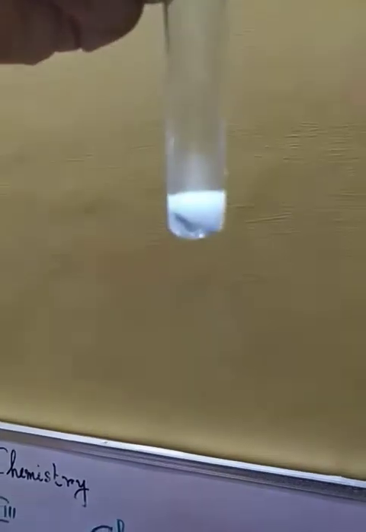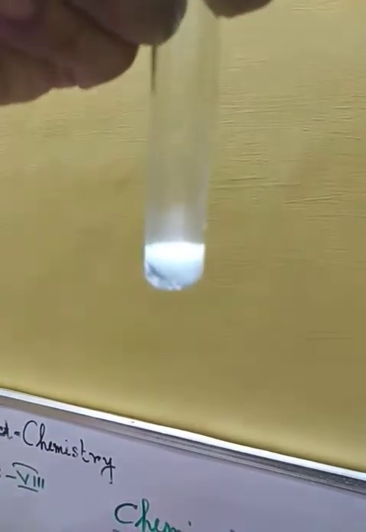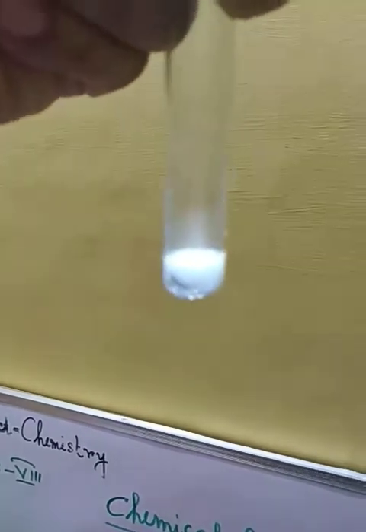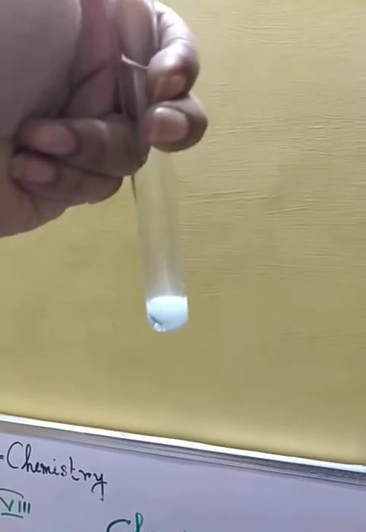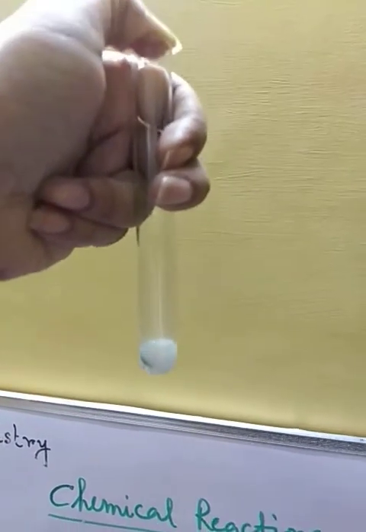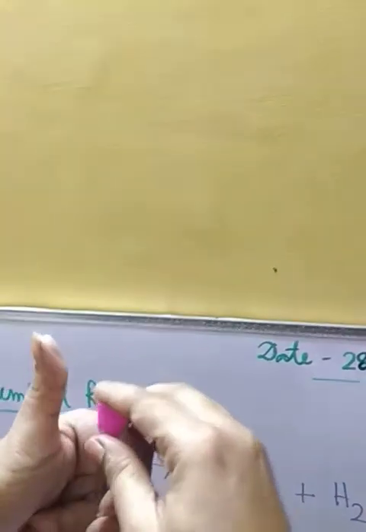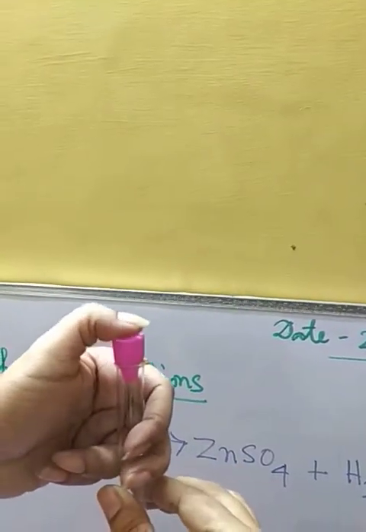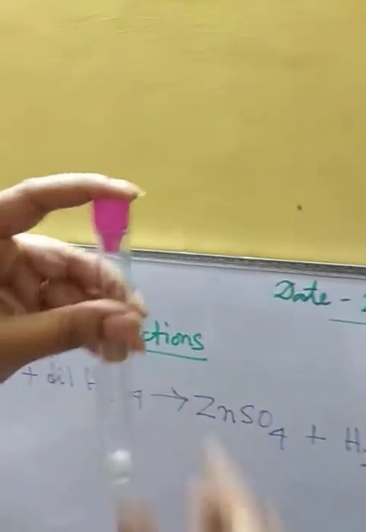Can you see the vapor inside? Just like a fountain, it's forming a smoky fountain kind of. This is the indication that hydrogen is being produced here. So I am placing a cap on the mouth of the test tube so that the hydrogen which is forming remains inside the test tube.